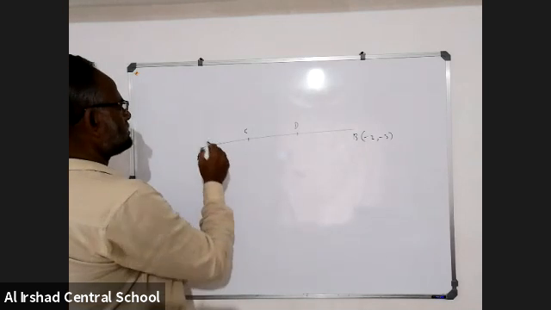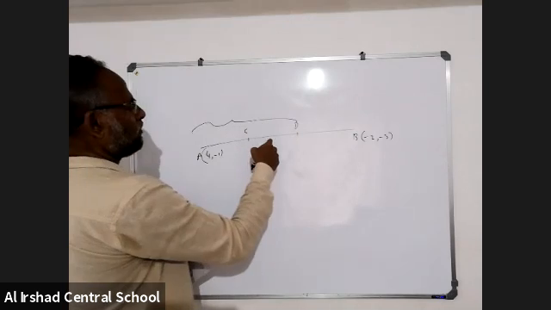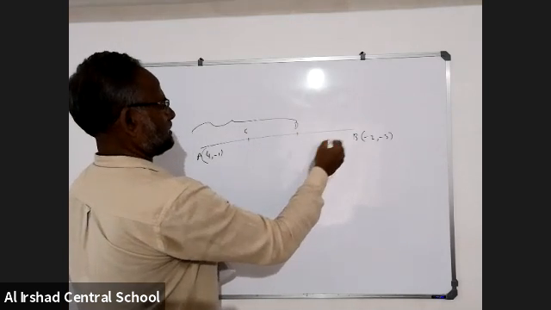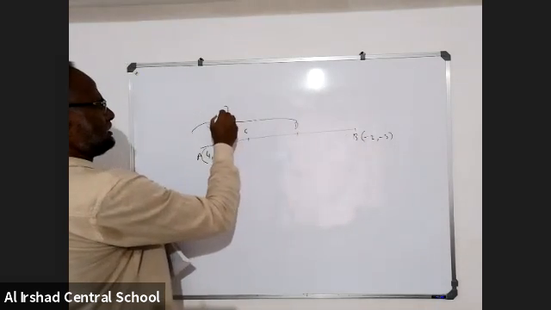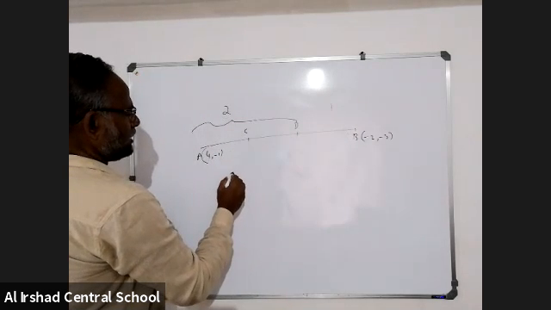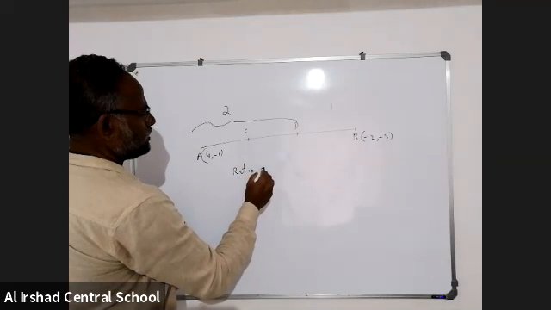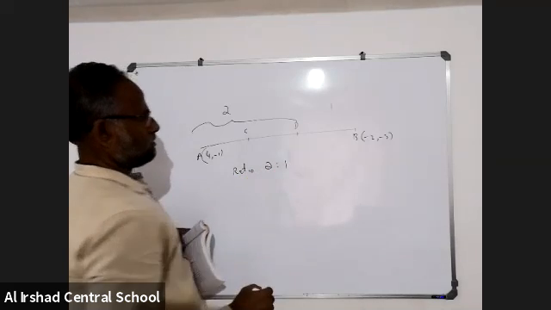You can mark, look here. One part, another one part, trisection. That means this is two parts, this is one part. That means the ratio is 2:1.